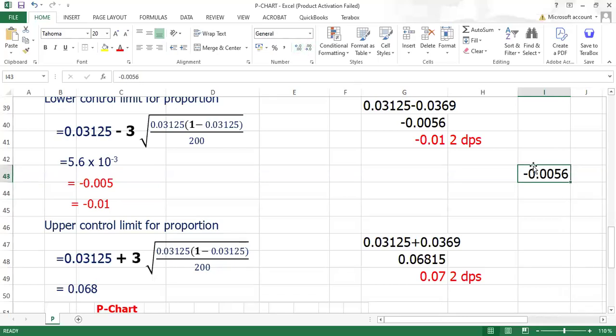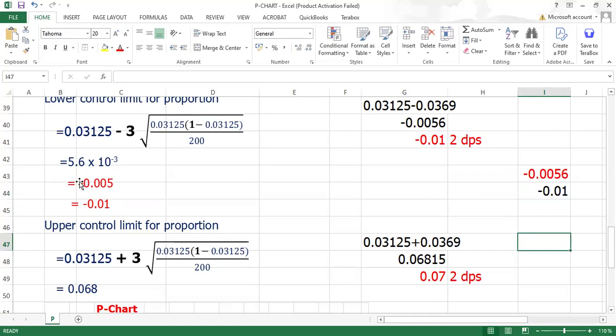So you can write this. Finally, if you round off to 2 decimal points, you will get negative 0.01.